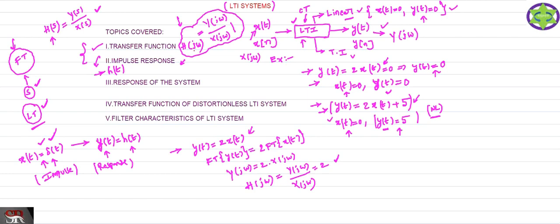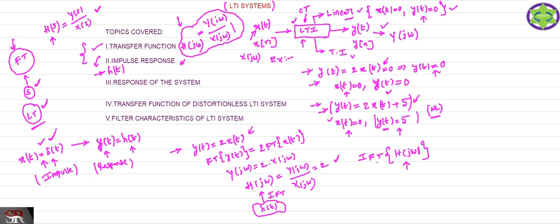Once you know the transfer function H of omega, if you apply the inverse Fourier transform, can we get the impulse response h of t? So if we apply the inverse Fourier transform, how can we get the impulse response? Very simple. If you know the transfer function H of j omega, listen carefully. H of j omega is the system transfer function.